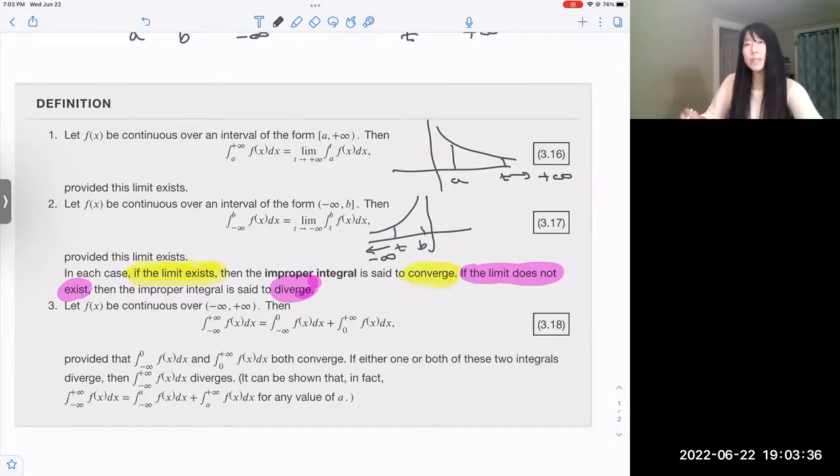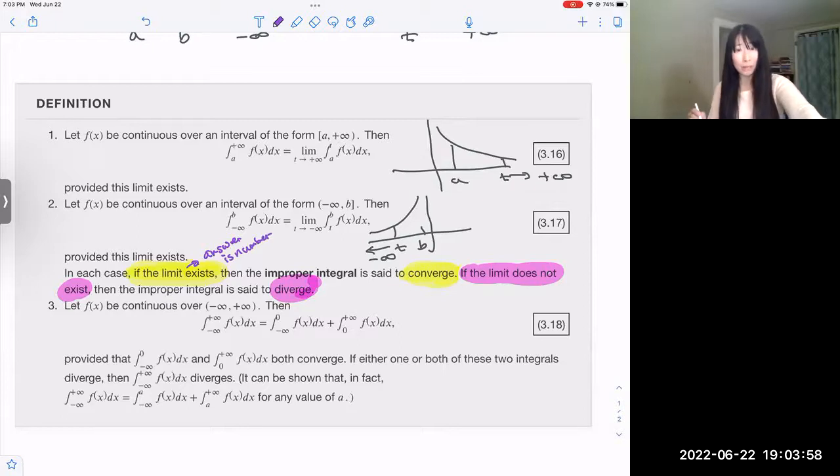And since it is negative infinity, we take the label t, and then we find the limit there. Then if the limit exists, a number, that means we get a number. The answer is a number.